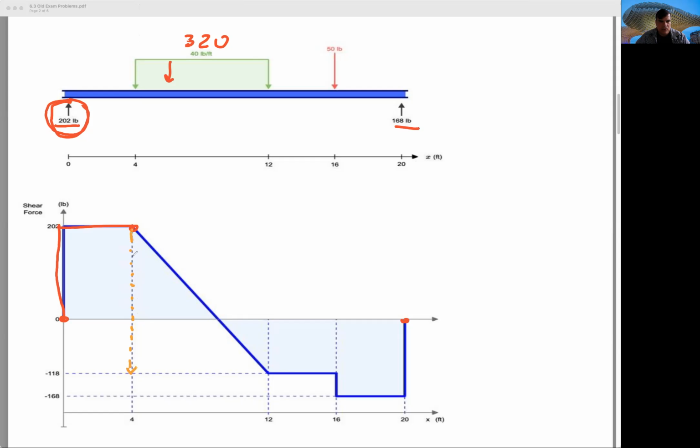And this dimension is 320, but because I have 202, I need to write in my diagram 320 minus 202, that is minus 118. 320 will be negative because it's pushing down.